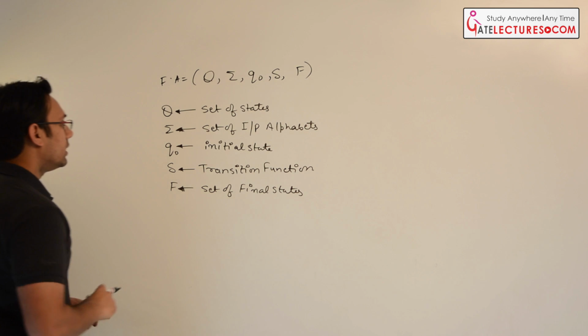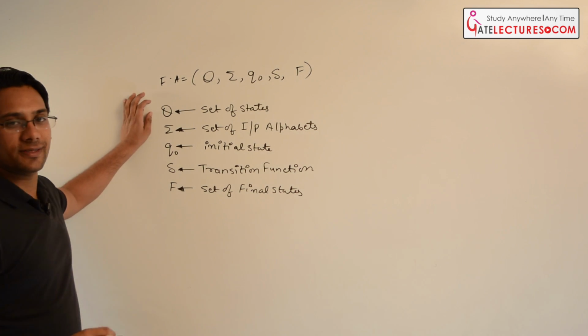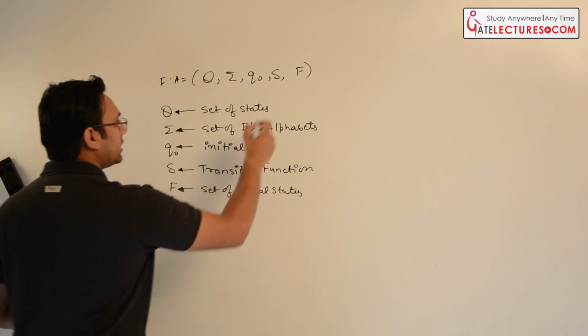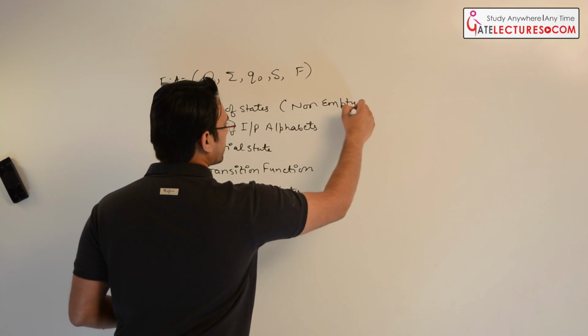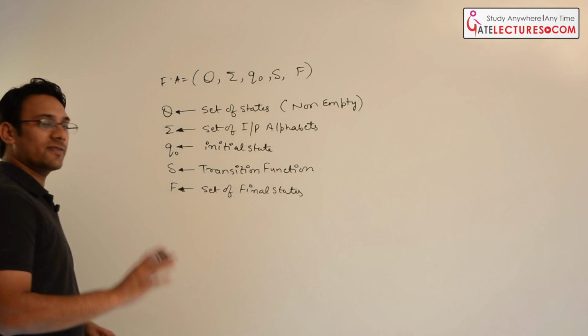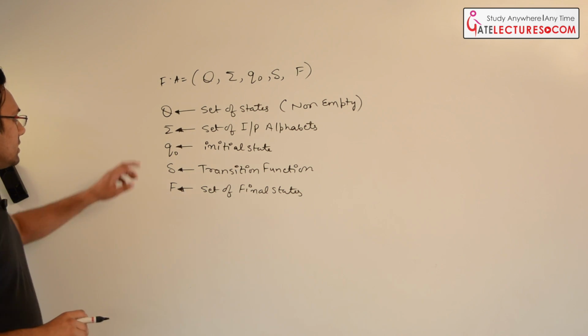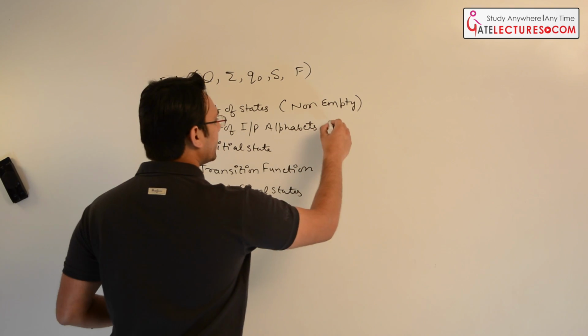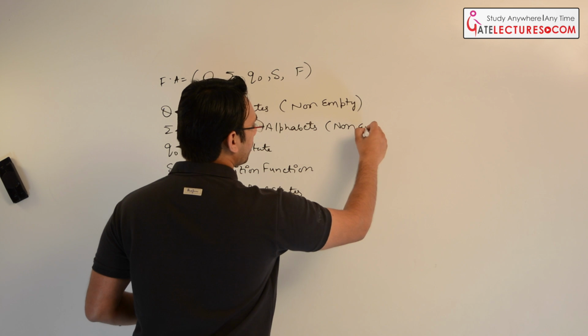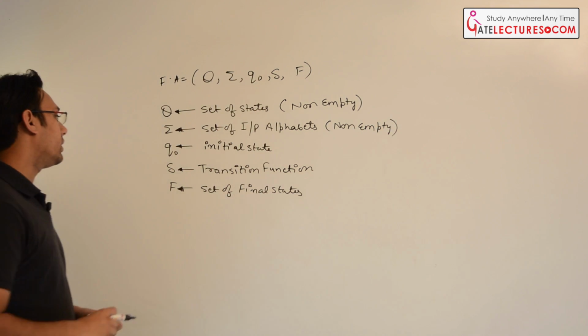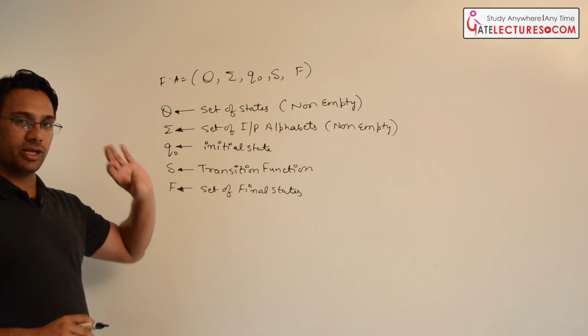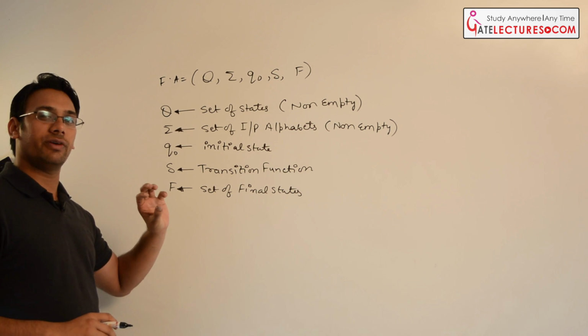Here Q is a non-empty set of states. That means we should have at least one state. Sigma is a non-empty set of input alphabets, so we have at least one input alphabet. We have exactly one initial state; we cannot have more than one initial state.